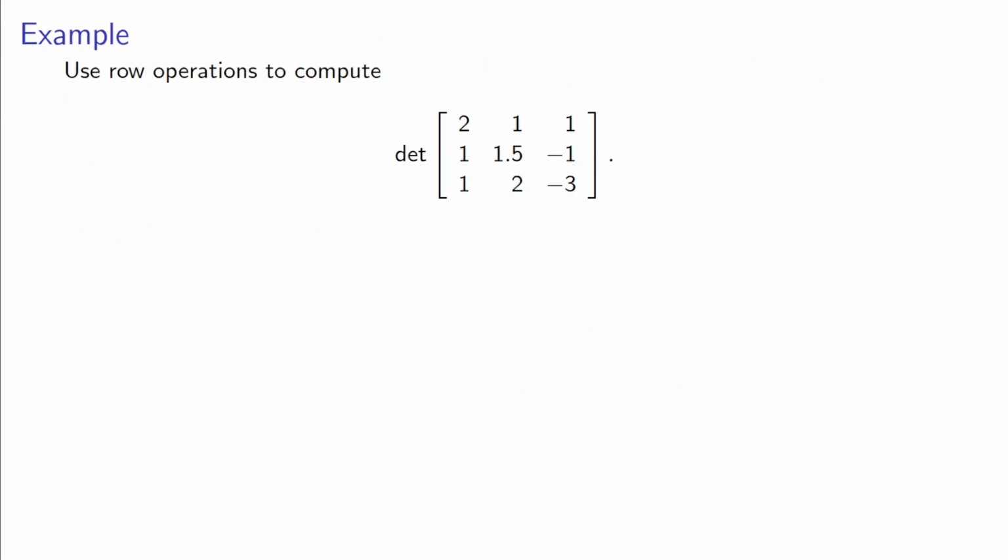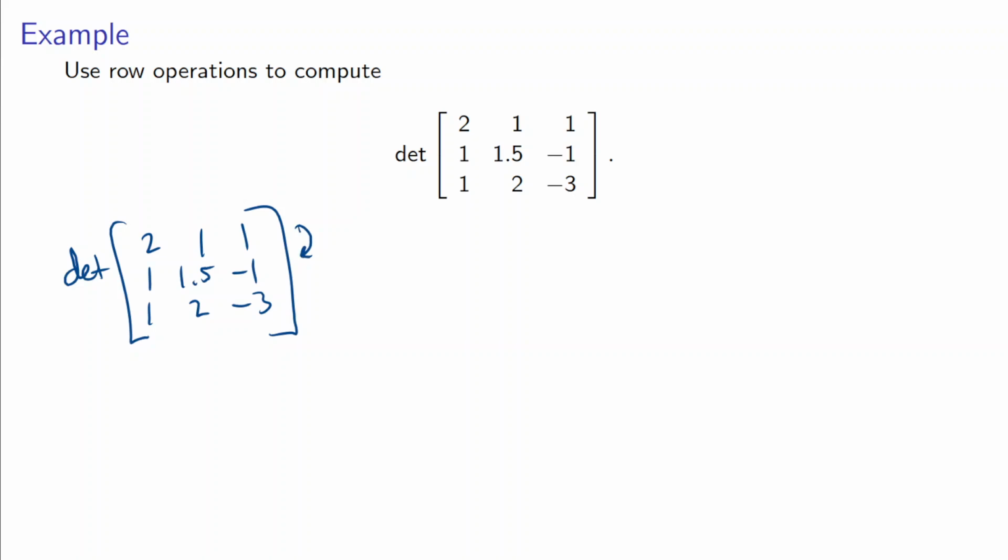So let's see an example here. We'll start by looking for this determinant. We want to row reduce this to an upper triangular matrix. So the determinant of 2, 1, 1, 1, 1.5, -1, 1, 2, -3.